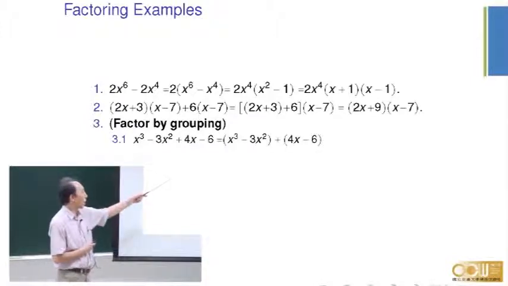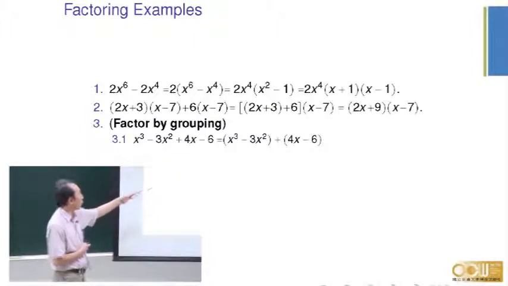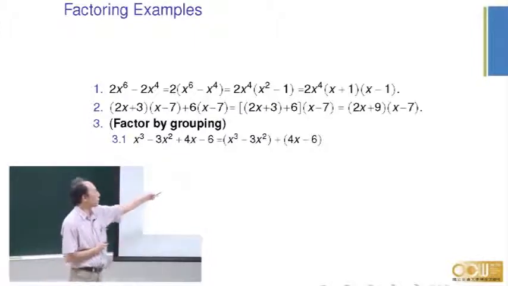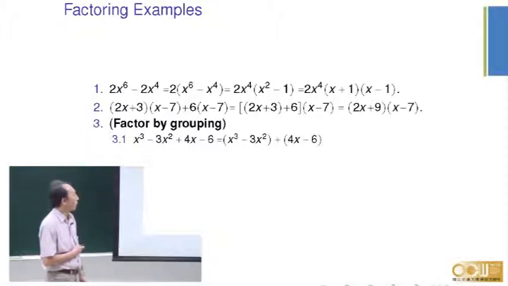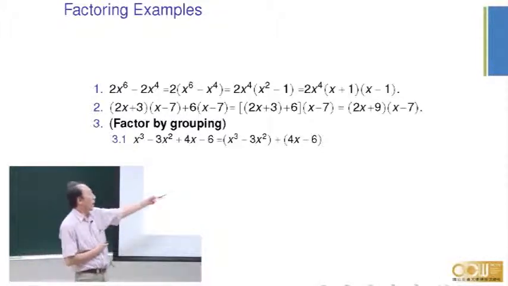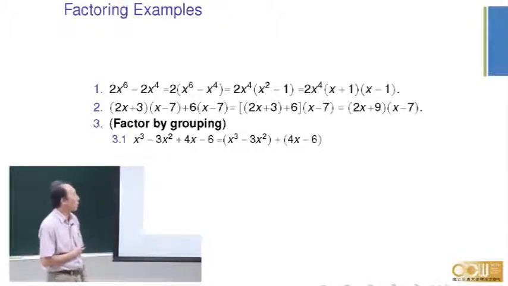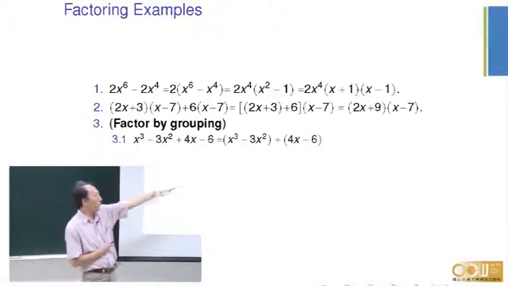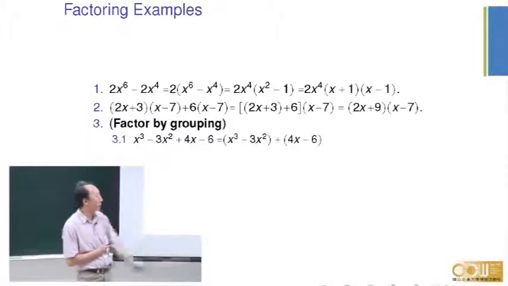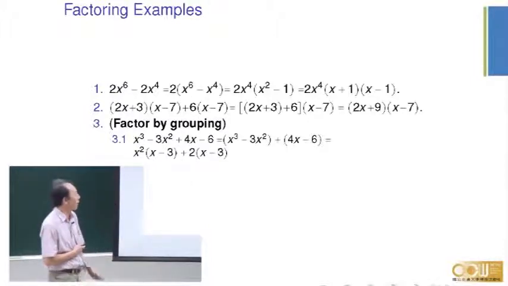What I'm going to do is group these two terms and these two terms together, which is this. Next I'm going to factor these two terms, which have a common factor x squared, and the second quantity, which has the same scalar factor 2. So this is what we get.